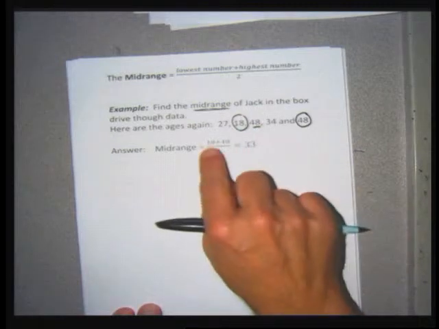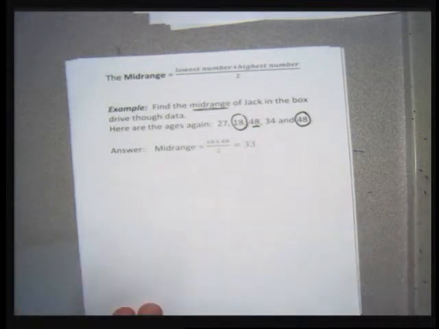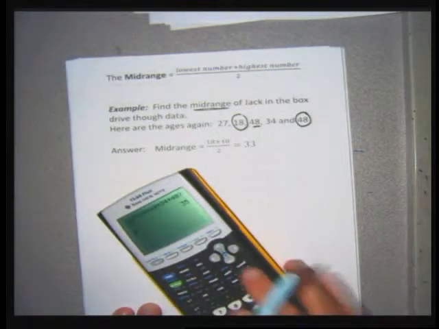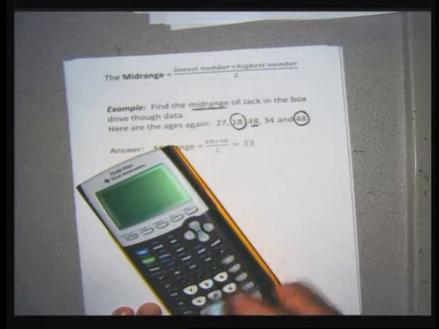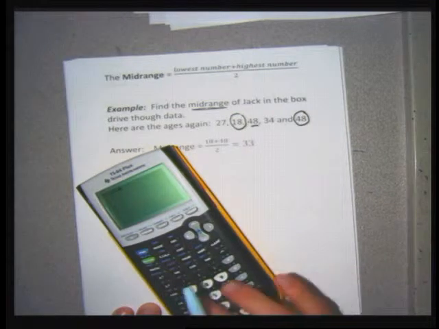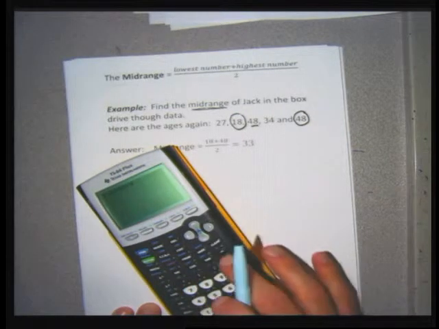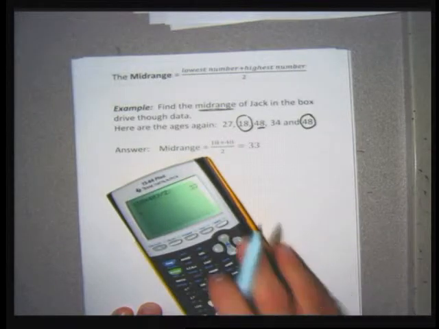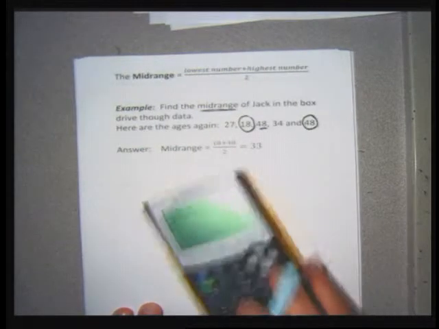I'd take the lowest age plus the highest age divided by 2, and on my calculator, if I wanted to do that, I'd go parentheses 18, which is the lowest age, plus 48, which is the highest age, close the parentheses, divide by 2, and I'll get the mid-range age is 33.